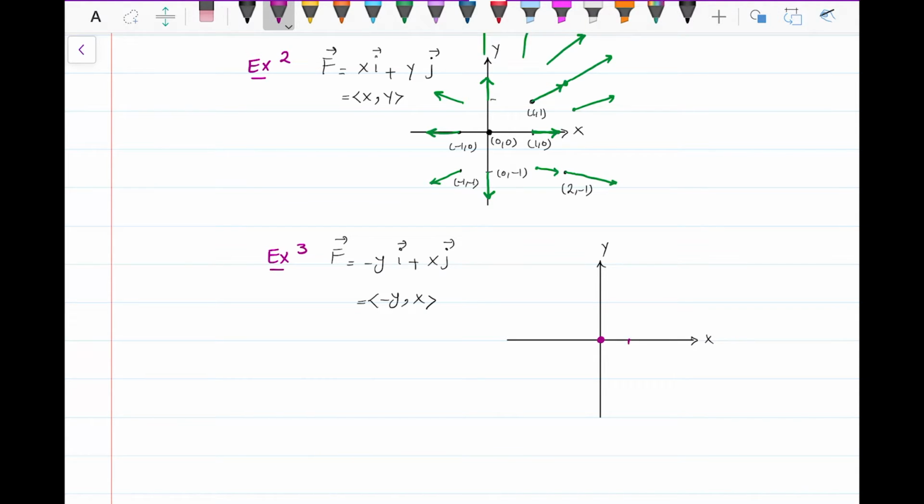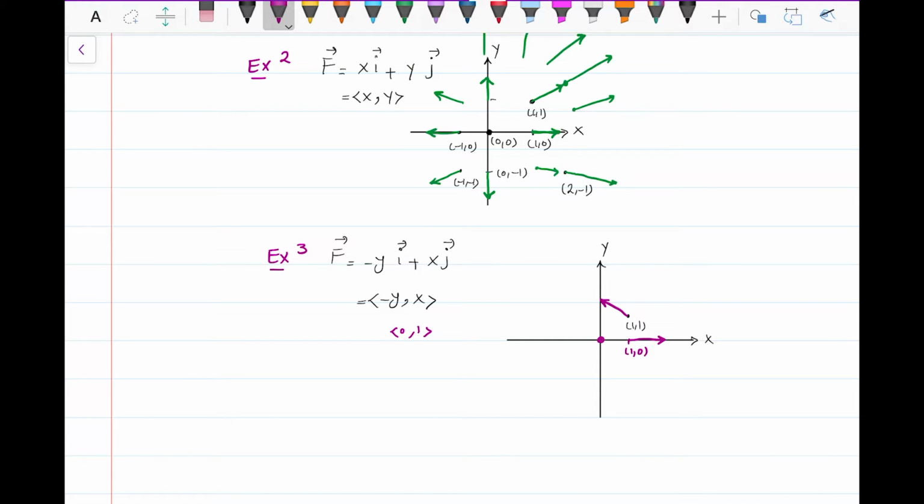Plug in another point, for example, 1 and 0. 1 and 0, the vector that I get would be 0 and 1, which is that vector. Okay, and at the point 1, 1, I get -1 and 1.